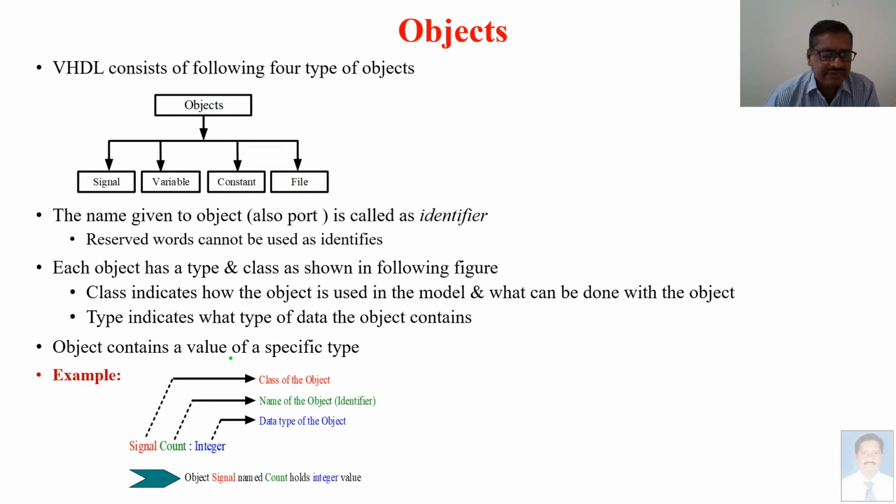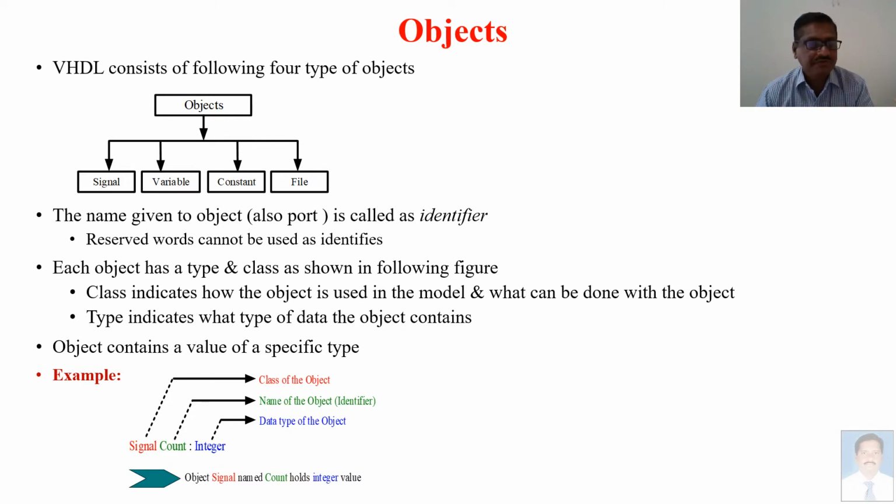An object contains a value of a specific type. In this example, the signal keyword is followed by the name of the signal, a colon, followed by its data type. The object signal named count holds integer values.